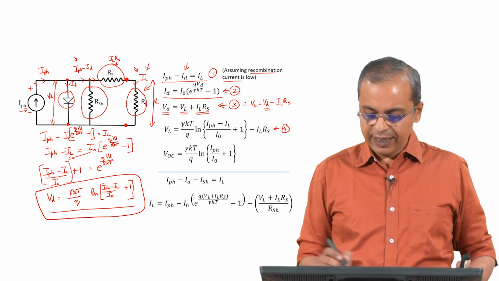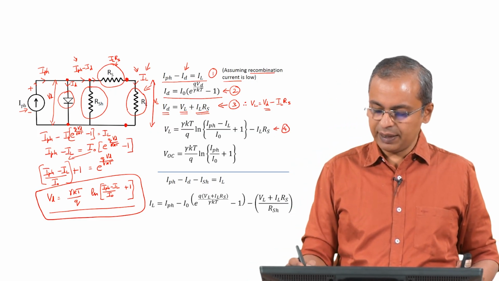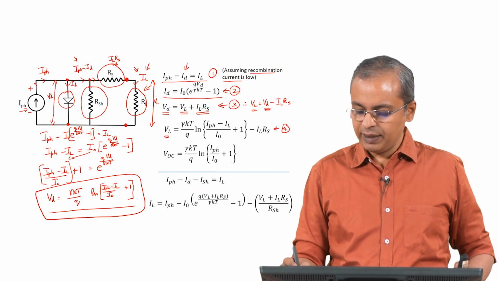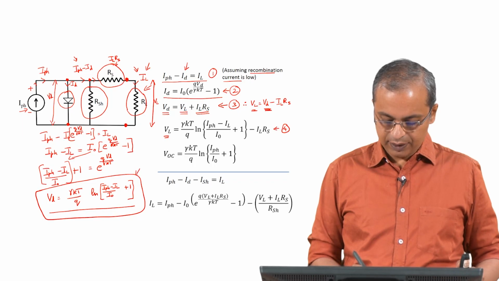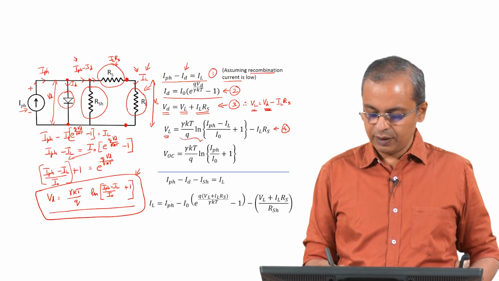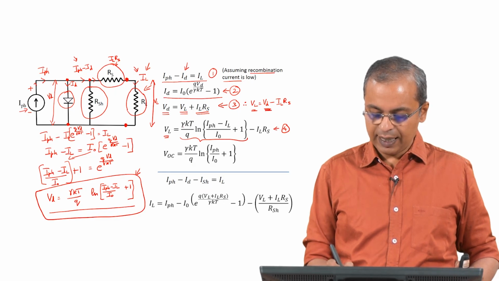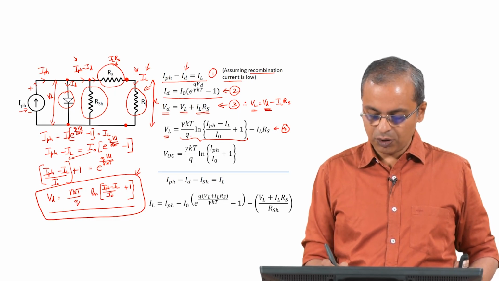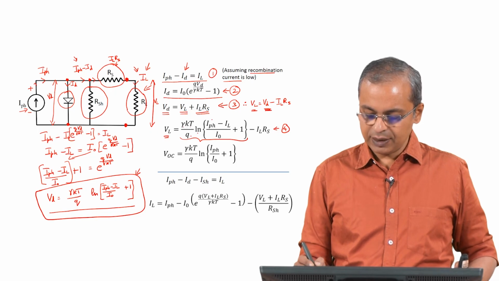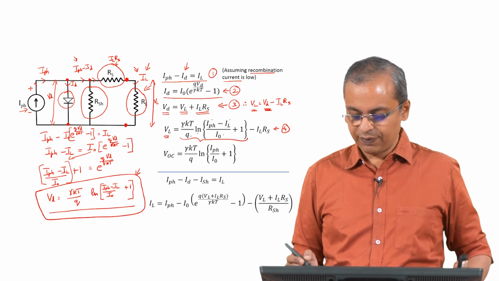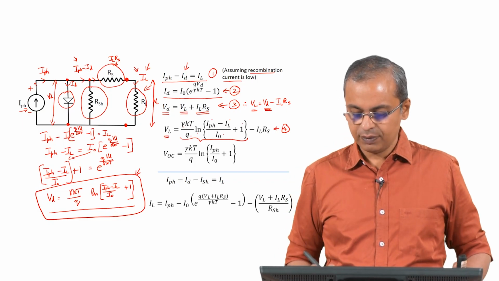So, what have we done? VL is still here, as you can see, the same VL that shows up here. For Vd I have put in this expression out here. You can see the same thing here: gamma kT over q in the denominator, natural log, and then IPH minus IL over I naught, which is exactly what you see in the equation that we have derived below, plus 1. Okay.